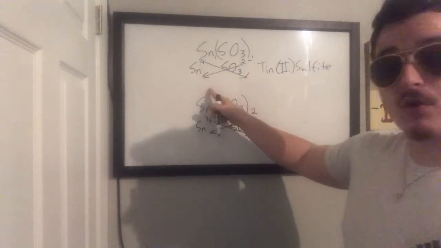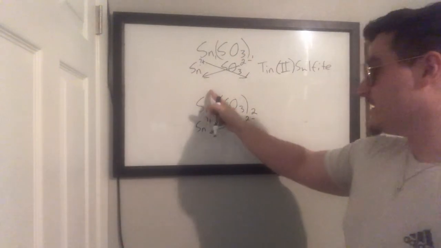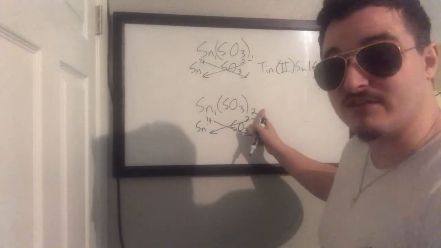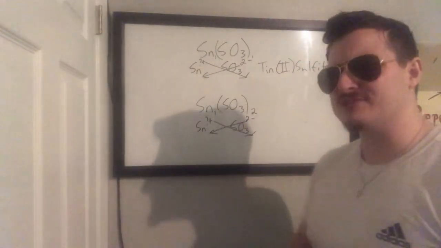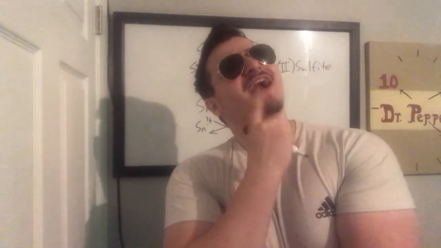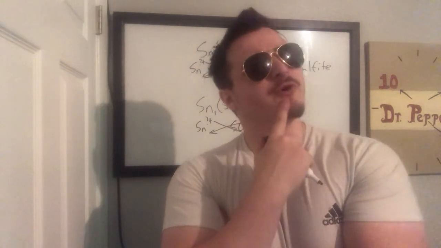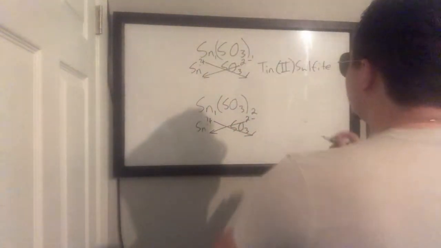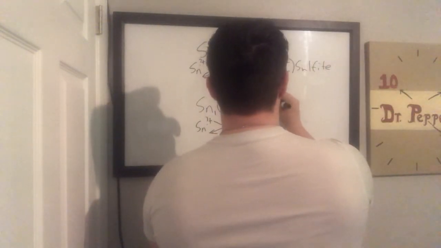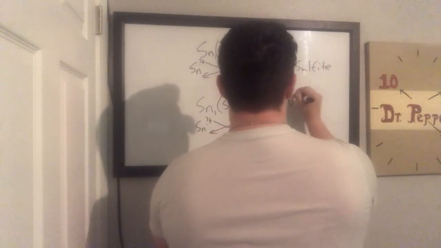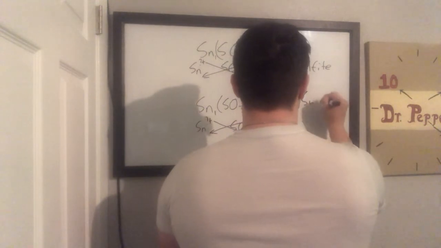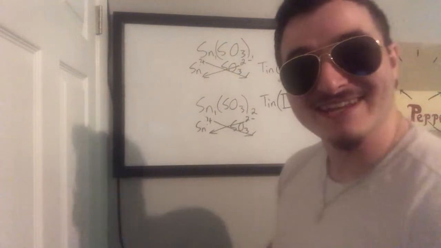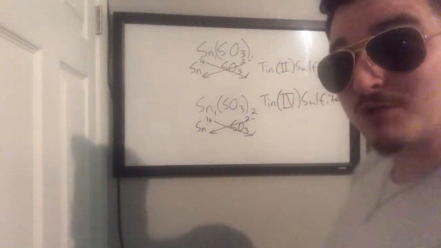So what charge would tin have to have if it crisscrossed over to the sulfite and had to also have been divided by 2 to become a 2? What divided by 2 equals 2? 4. Oh my goodness. So this is tin 4. Kind of sounds like trucker talk. Tin 4, good buddy.